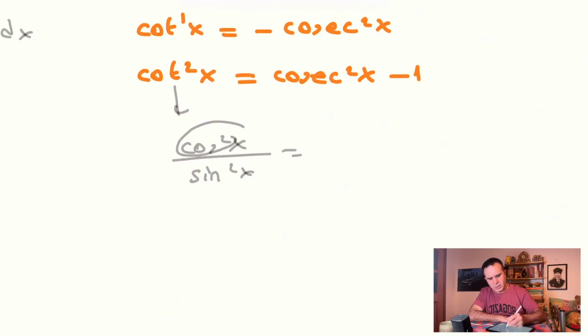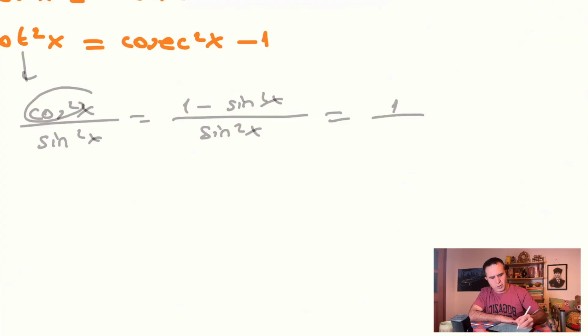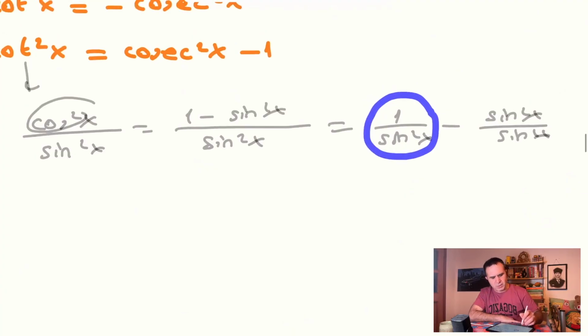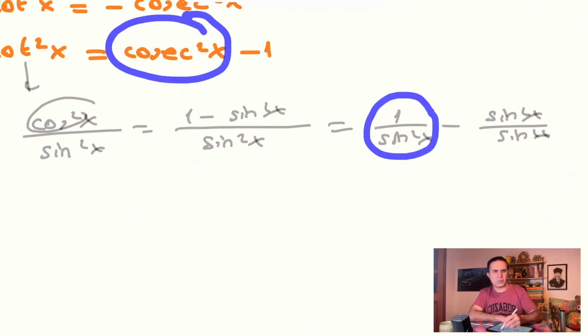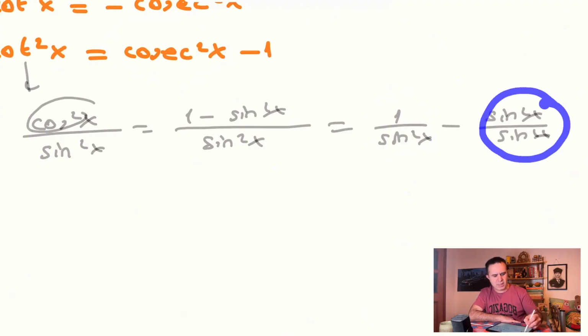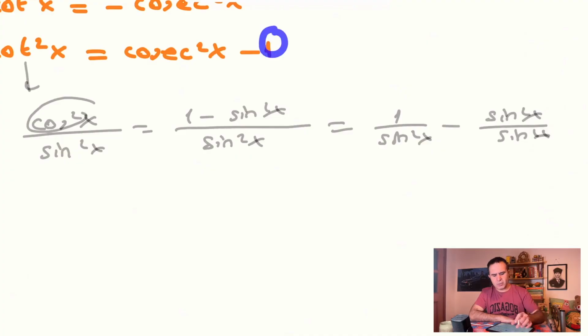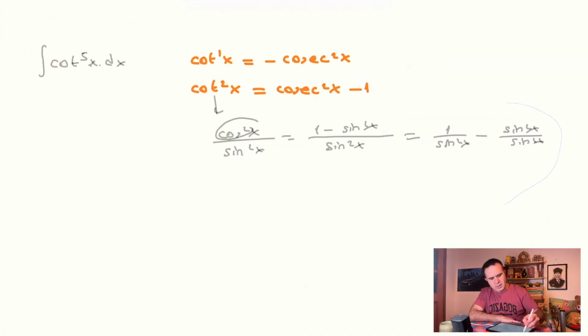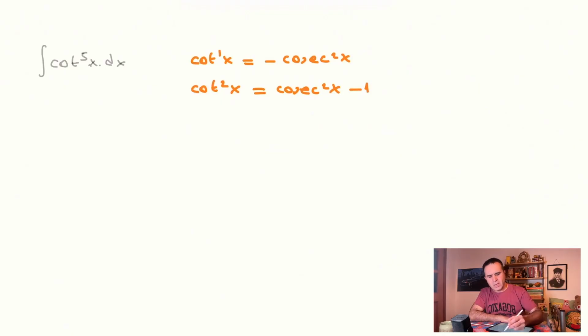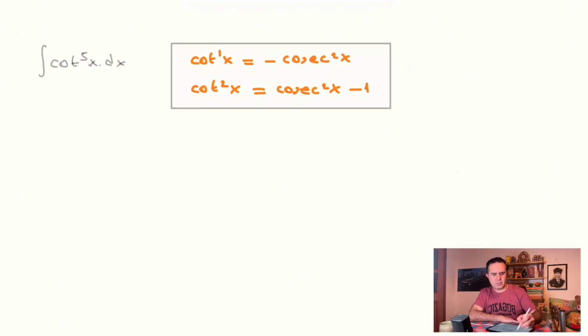Then you can write cosine square of x as 1 minus sine square of x, so this is equal to 1 over sine square of x minus sine square of x over sine square of x. 1 over sine x is cosecant x, so 1 over sine square of x is cosecant square of x, and sine square of x over sine square of x is equal to 1. These two identities are really important. If you do not remember them, you cannot solve such an integral.